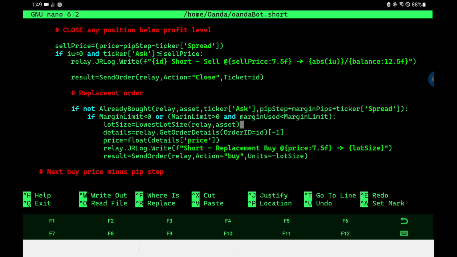I figured out the lot size. I figured out the lowest position within the lots used. So if my last lot size was 10, then my next lowest lot size needs to be 11. I get the orders, pull out the details for the last order, and then I figured out the price.